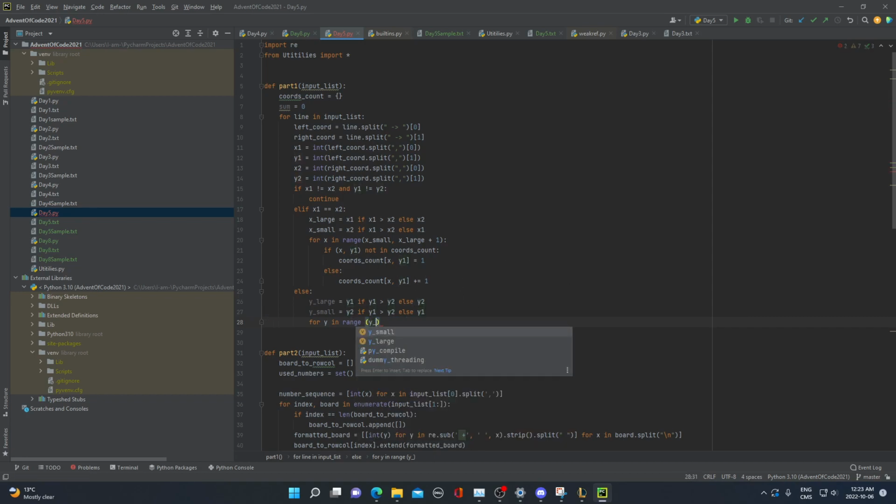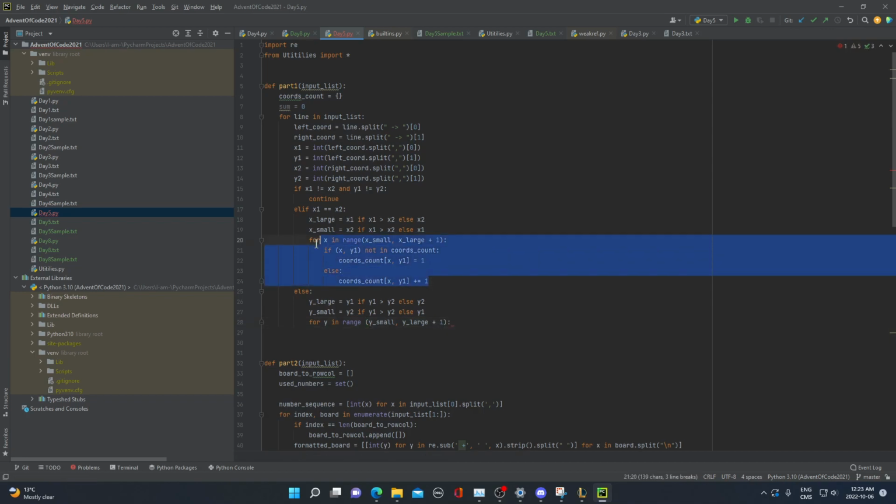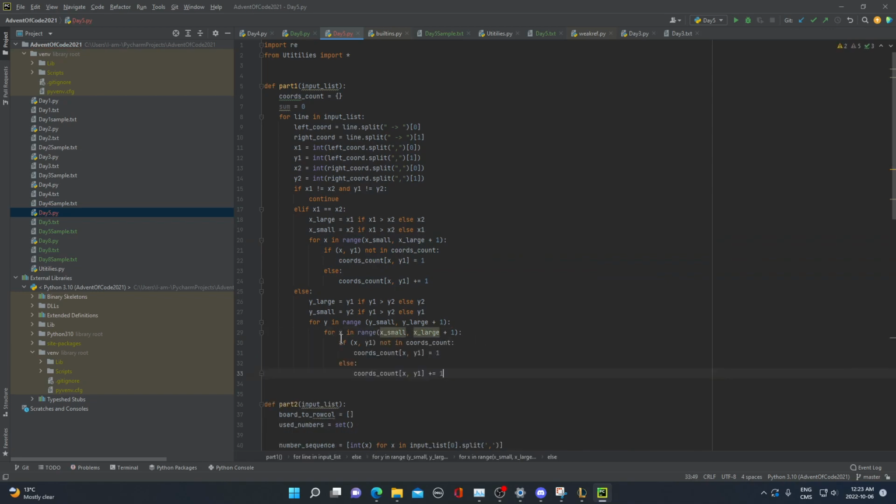Y large or y small to y large plus 1. Do the same thing here. Oops.